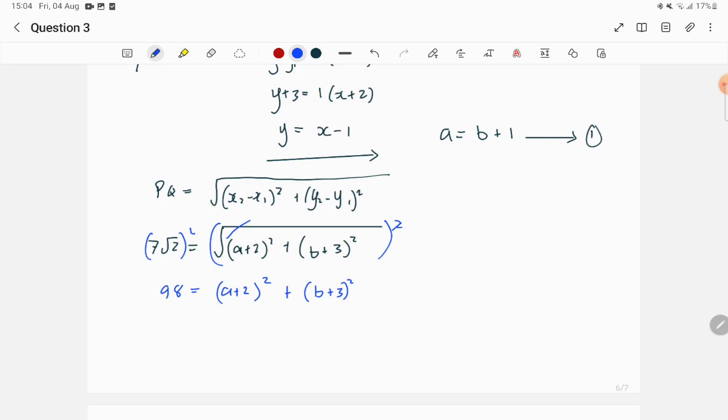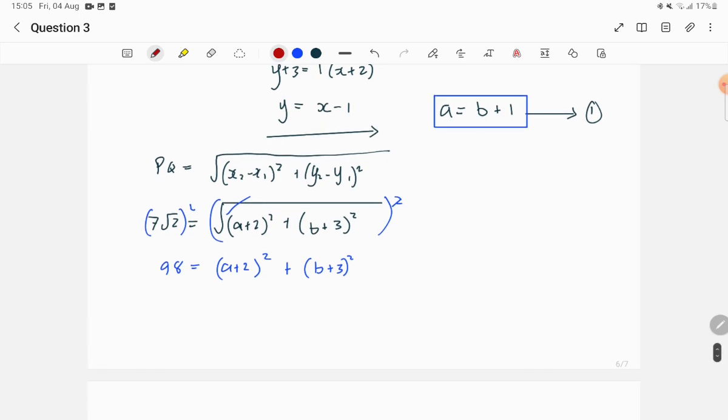Okay, now this is good. Since we already have an equation for a, a is equal to b plus 1, we can replace a in this equation with b plus 1. So 98 is equal to b plus 1 plus 2 squared, plus b plus 3 squared.